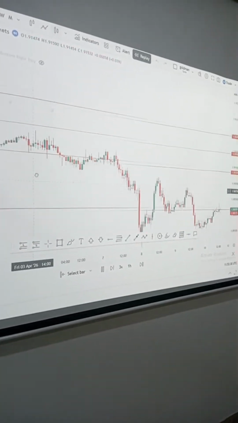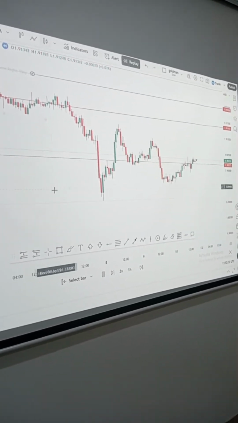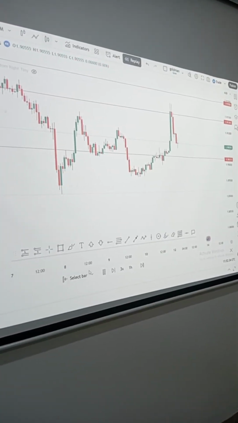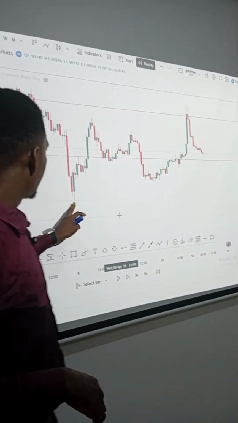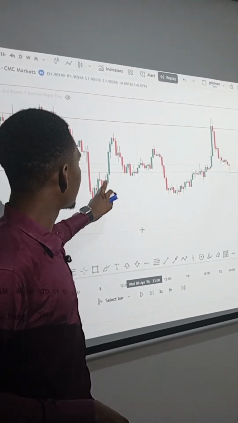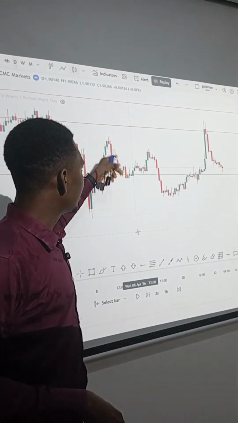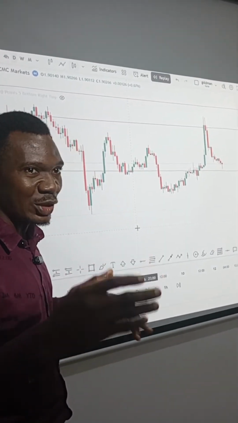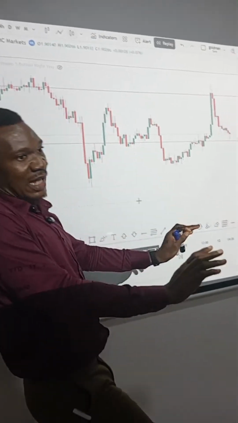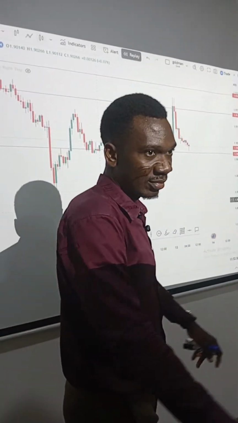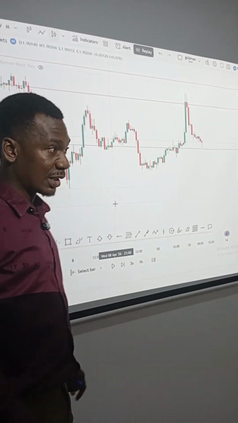Are we together? Yes. These are not just random lines. They are lines that are marked up by data. You see now, the market from here started going back. Is it a coincidence? Do you think it's just random that upon the way the thing fell, it came back to this line and stopped falling?